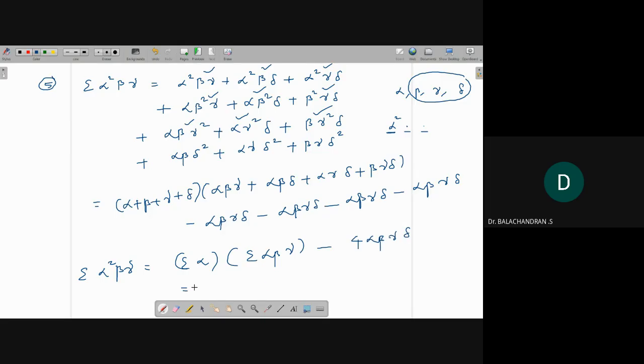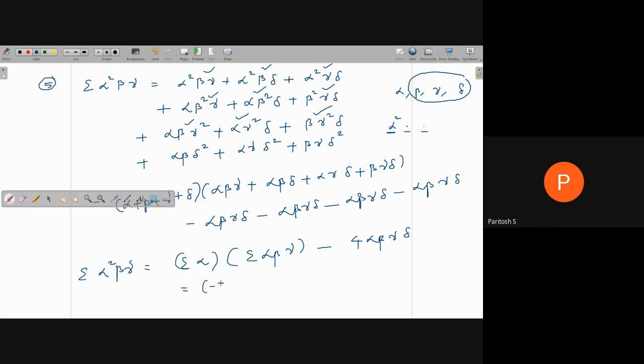So what is the summation alpha, Paritosh? Minus P. Yes, and then what is S3? Minus R. What is S4? S. Yes. So PR minus 4S. Is it correct? Yes, sir. Okay, thank you, sir. Welcome, Paritosh.